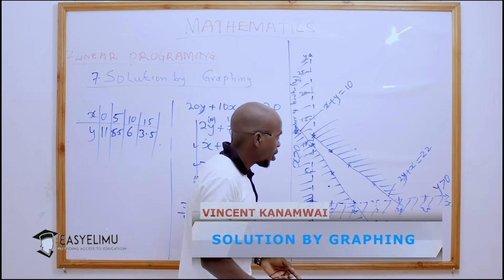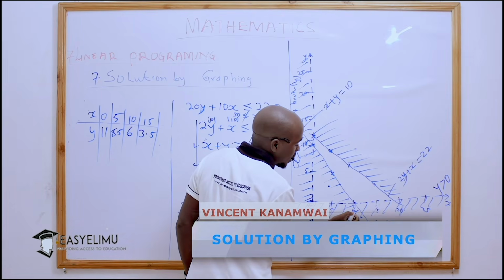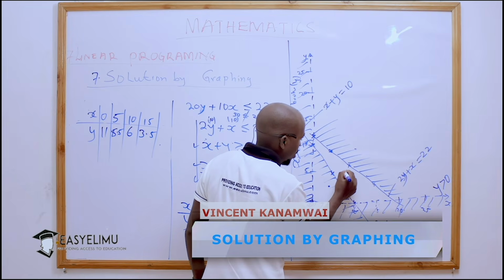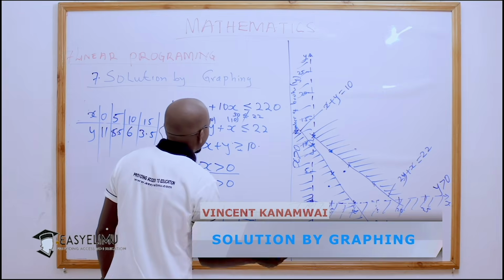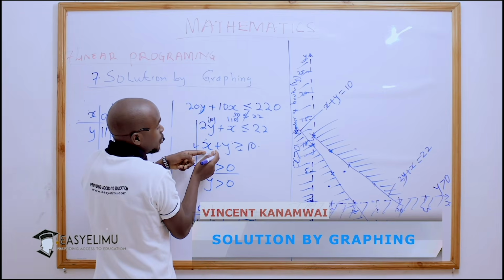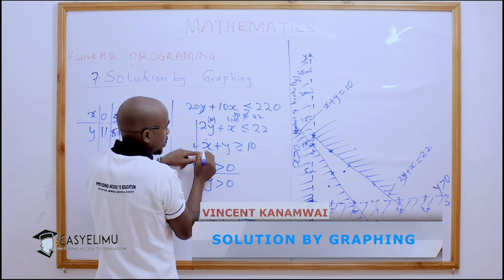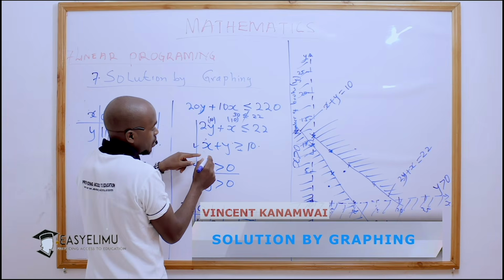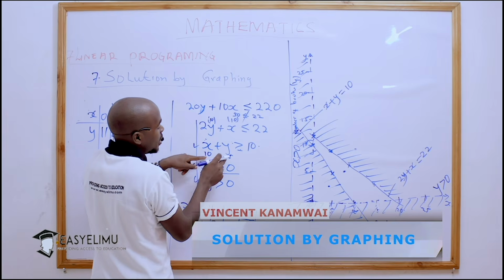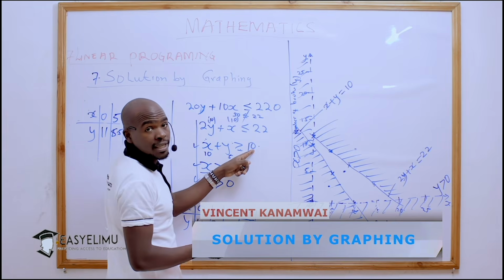Any of the points, for instance, you can take 10 and 5, a point like that. If x equals 10 and y is 5, you will find this one is automatically greater than 10.